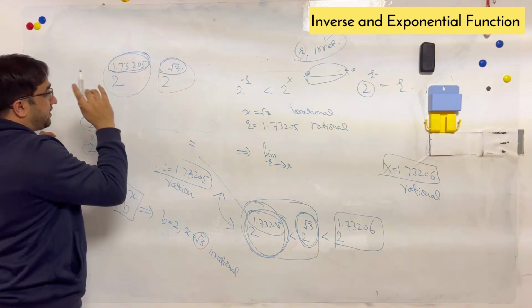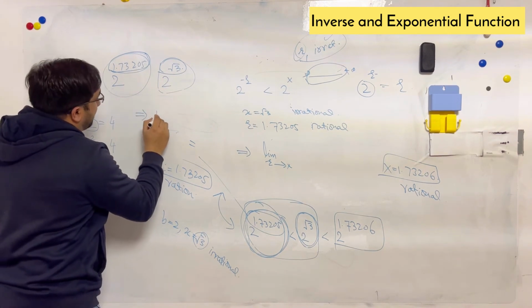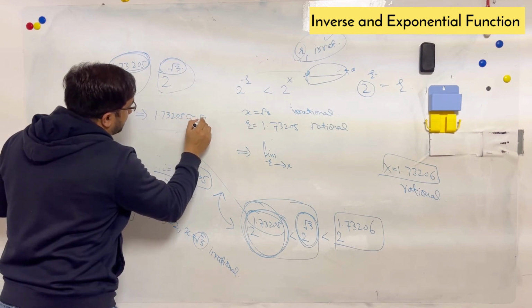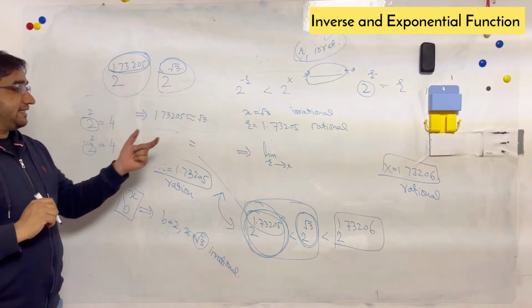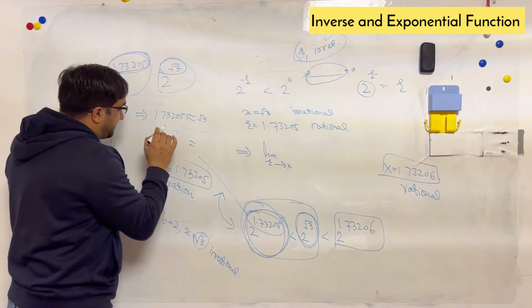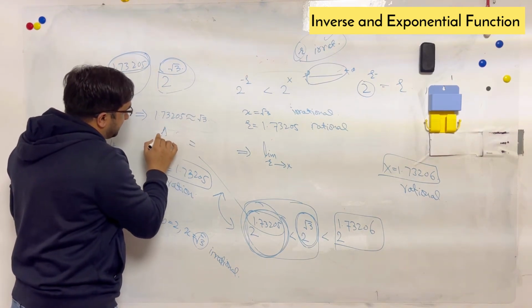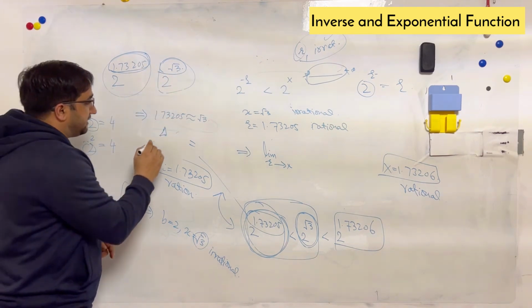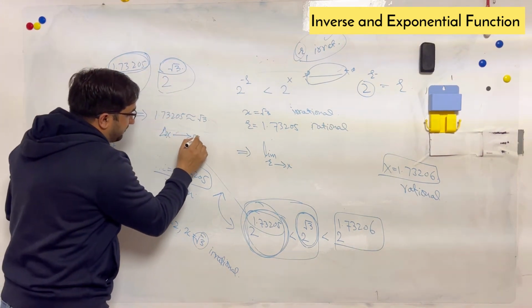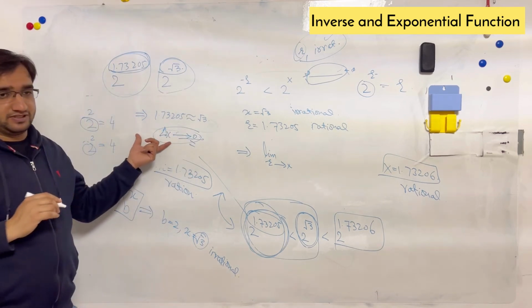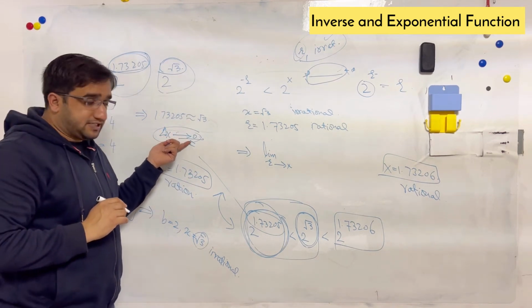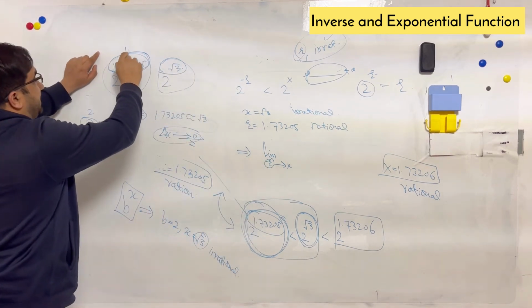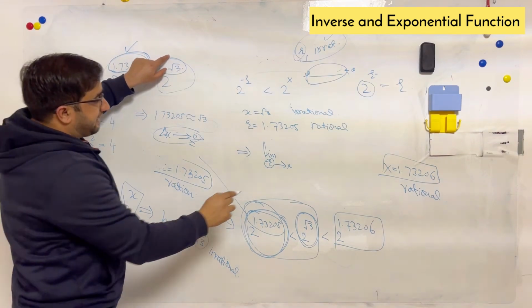But actually that is not possible. But I will say yes, 1.73205 is approximately equal to root 3. This is only possible when the difference delta x between these two numbers is approximately 0. There is no difference between them. If delta x is approximately 0, then your number r is almost approaching the number x.